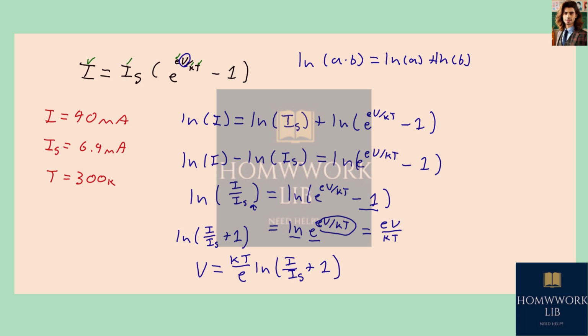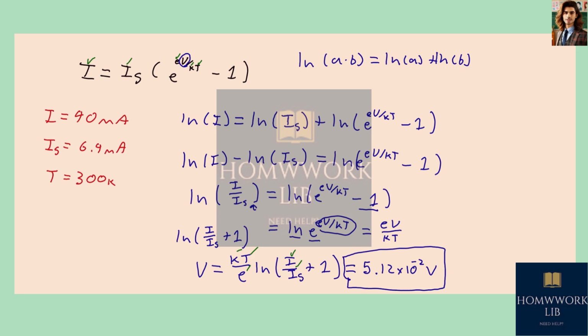And just as a check, we have this, and these are constants. So we can perform the plugging to see that the voltage is a paltry 5.12 times 10 to the minus 2 volts. So quite small, but that's the answer for part A.